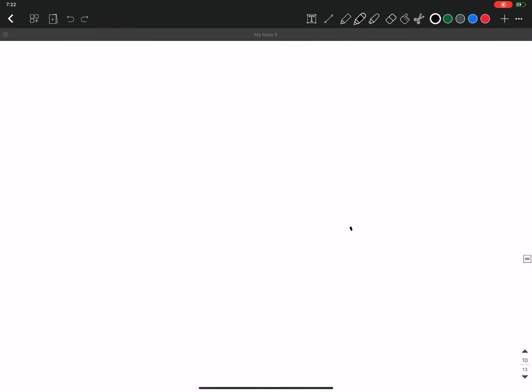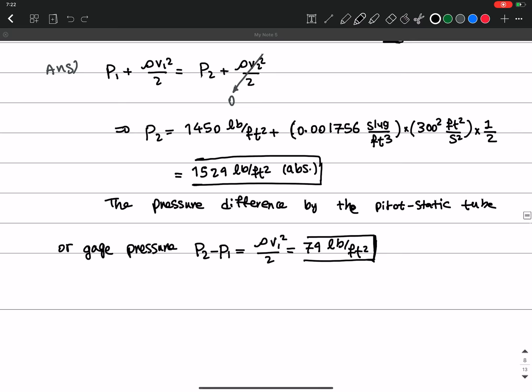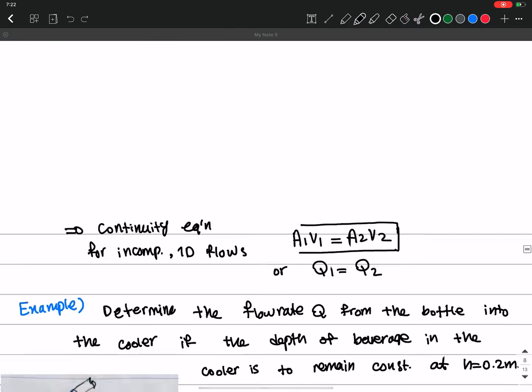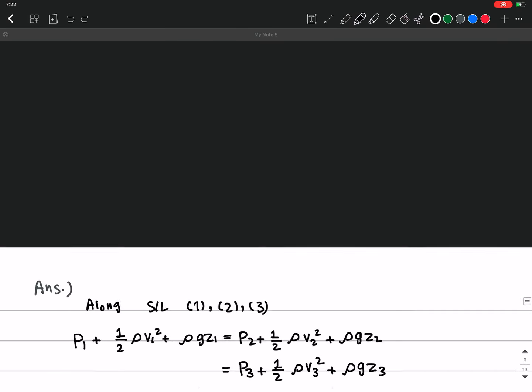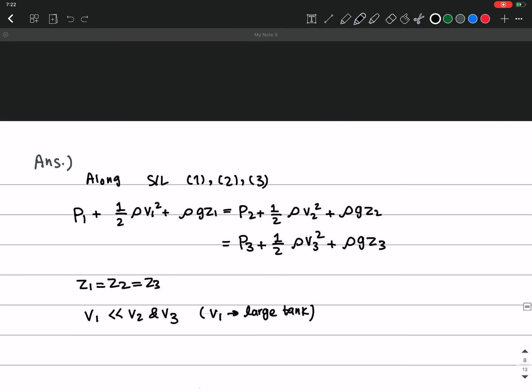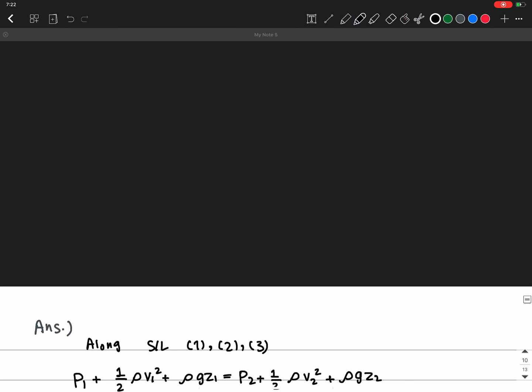So the same thing here. And so I can say that V1 is almost 0. I can just neglect that compared to the other terms.